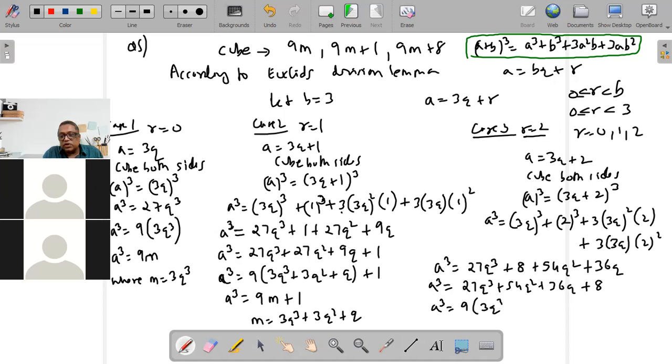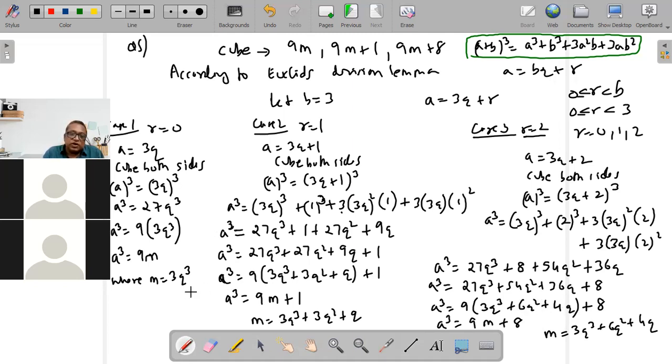So this is going to become 3q cube, 6q square, 4q and plus 8 अलग से. Now whatever is in the bracket I am going to replace with m. So I am going to get the final answer 9m plus 8, where m value is 3q cube plus 6q square plus 4q.